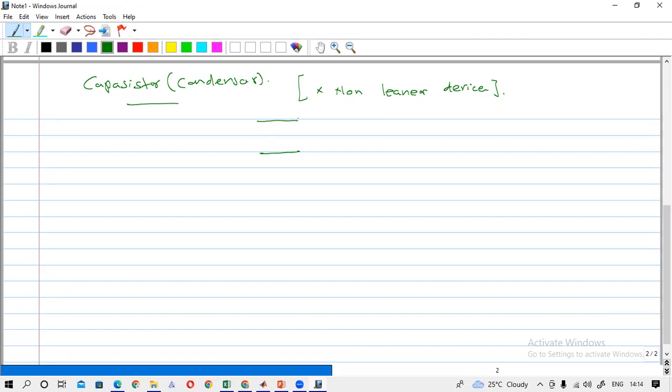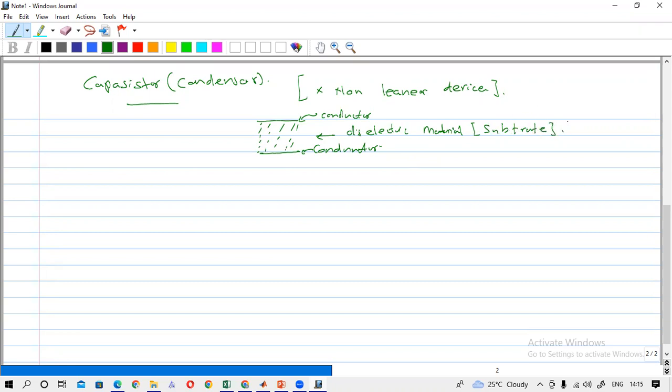Between these two conductors there is a dielectric material, which we sometimes call the substrate.